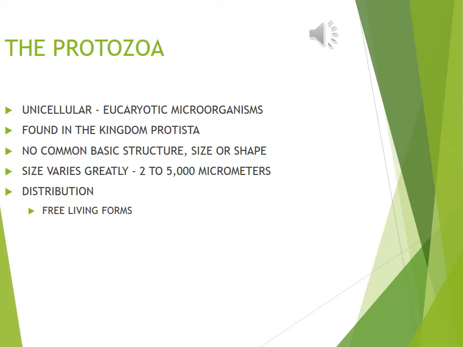It is usually present when these protozoa are in dry conditions, because they want to preserve their genetic material. So I repeat, protozoa are usually present in a dormant state called a cyst.